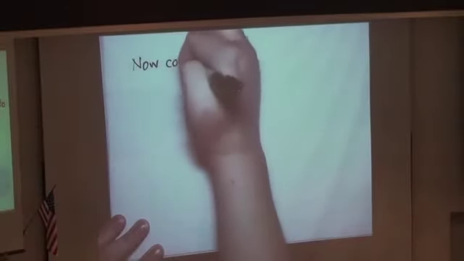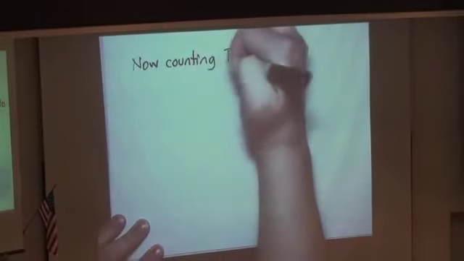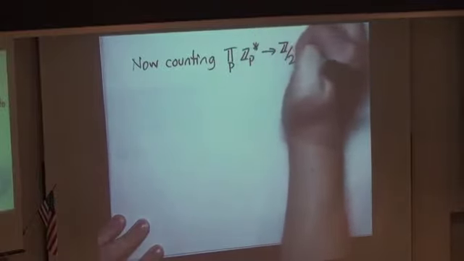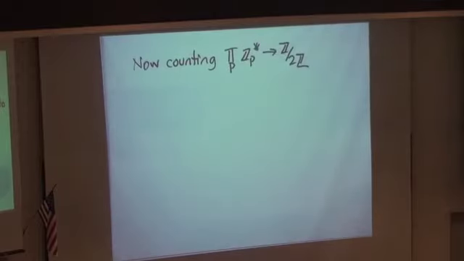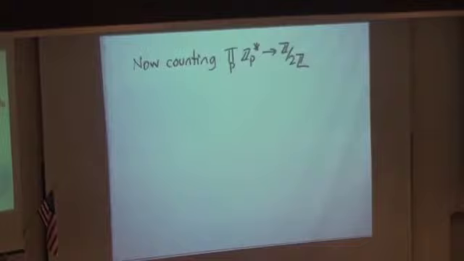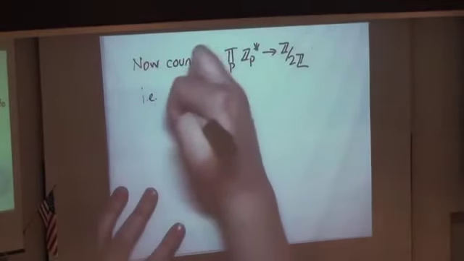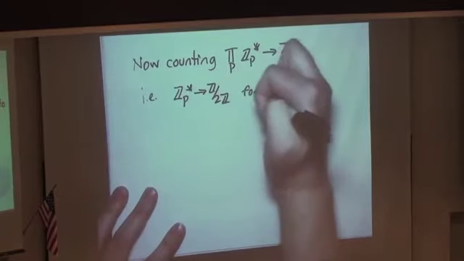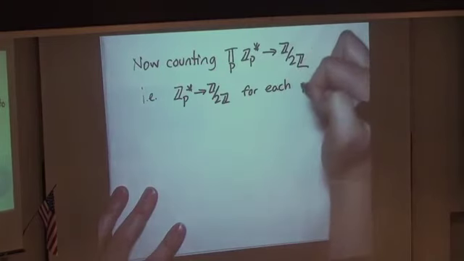So now I'm counting maps like this, and now there's no longer a quotient by Q here. That's important, because now a map from this product of ZP star into Z mod 2Z is just a map at each place. So I'm counting these for each p.